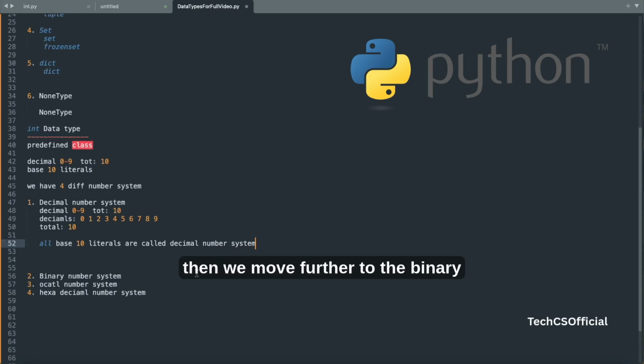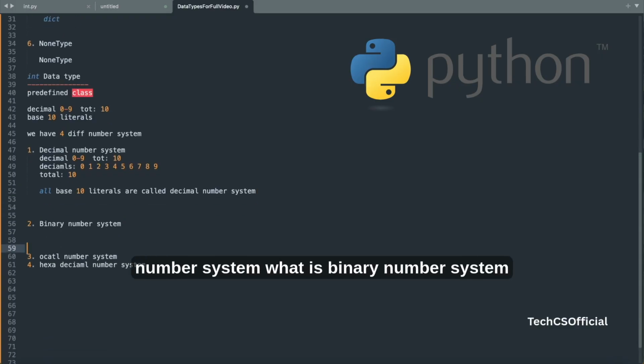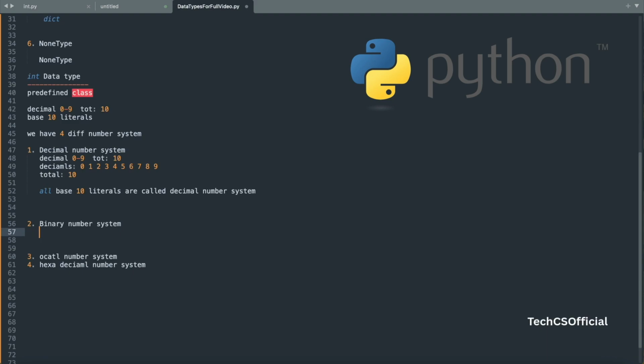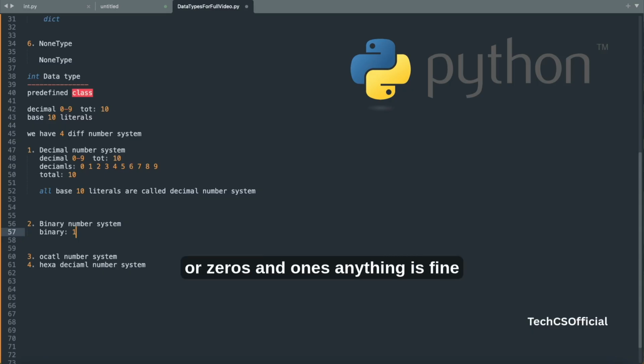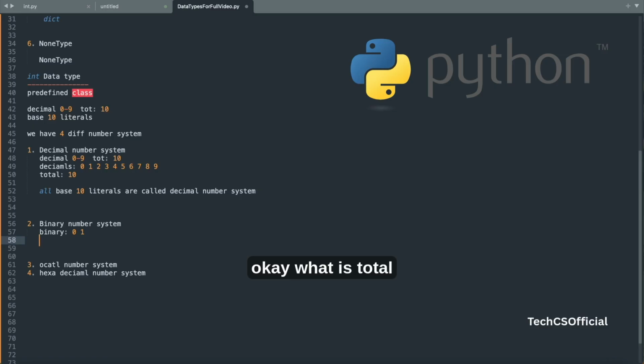Okay, then we'll move further to the binary number system. What is binary number system? That is only ones and zeros, or zeros and ones, anything is fine. What is the total? Total is 2. We can say 0 and 1.